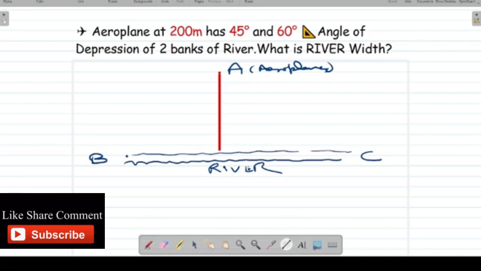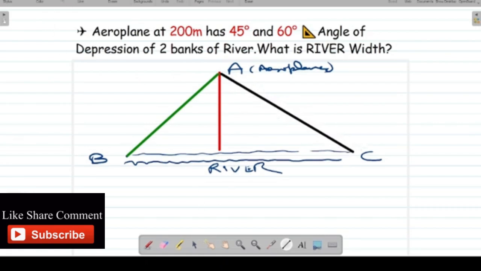Now we will mark the angle of depression. On the one side, it's 45 degree, and on the other side, it's 60 degree.